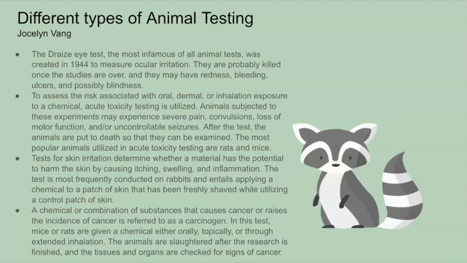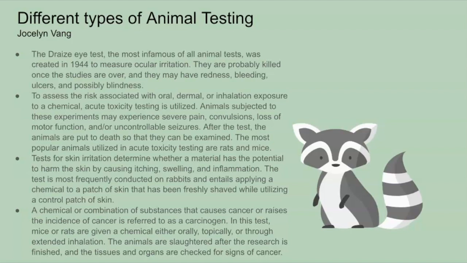To assess the risks associated with oral, dermal, or inhalation exposure to a chemical, acute toxicity testing is utilized. Animals subjected to these experiments may experience severe pain, convulsions, loss of motor function, and/or uncontrollable seizures.